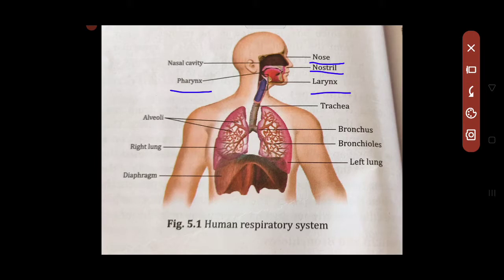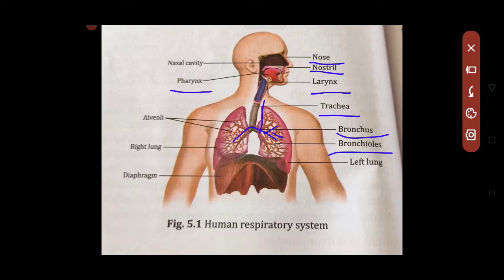Then you have a tube-like structure, also referred to as the windpipe or trachea. Now this windpipe or trachea branches out into two major tubes inside the lungs, referred to as bronchi. Bronchi further branch out into smaller tubes, referred to as bronchioles.